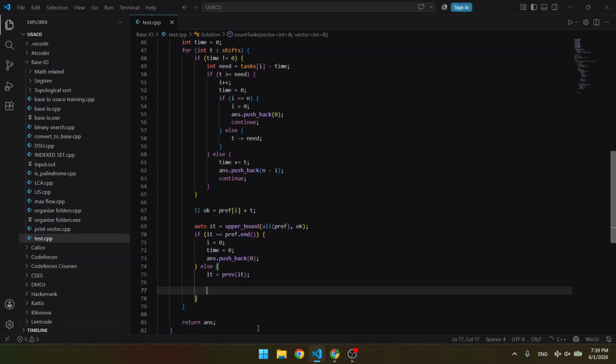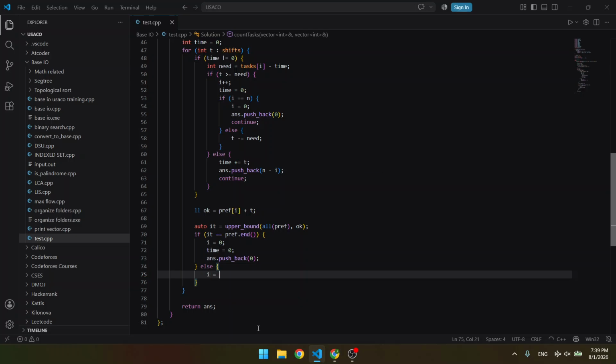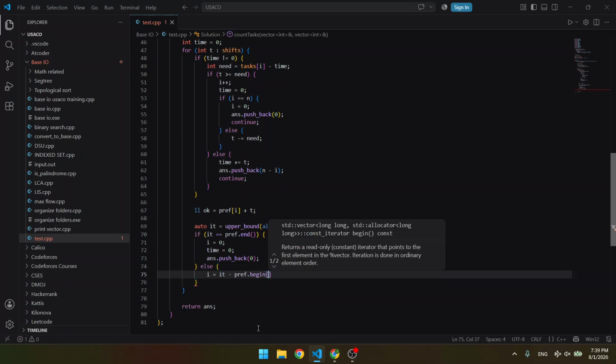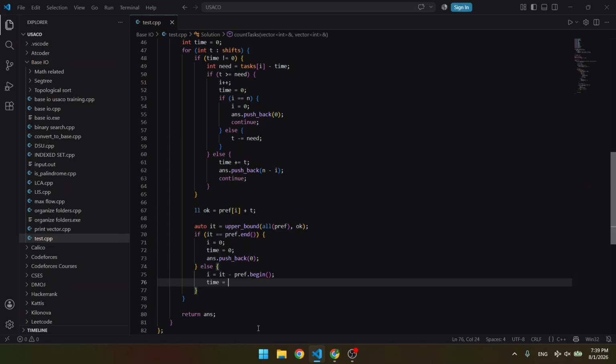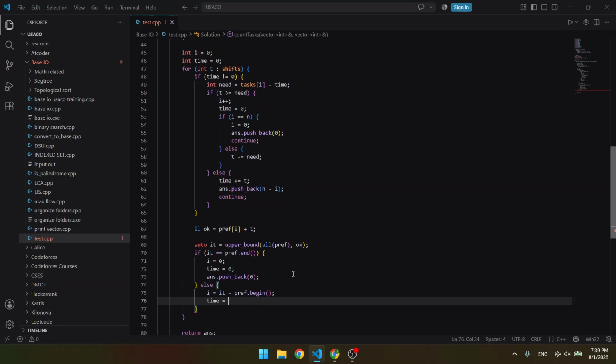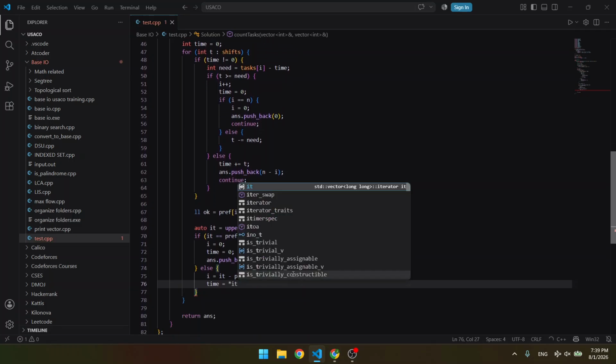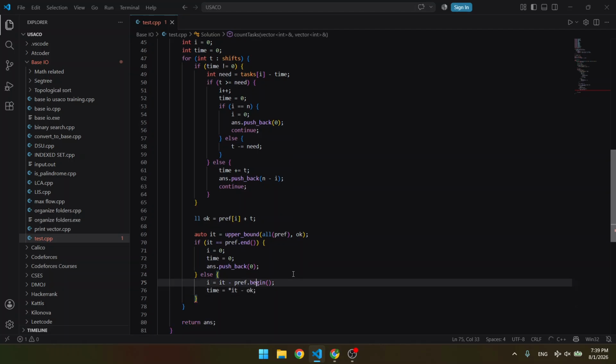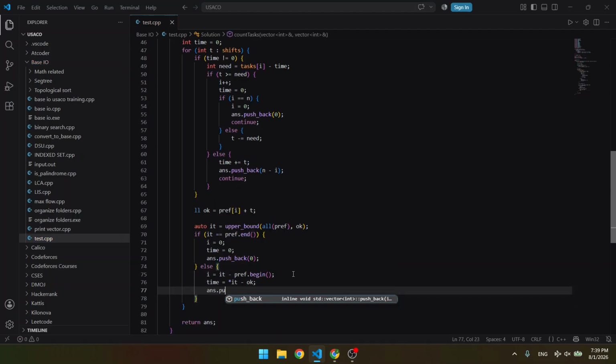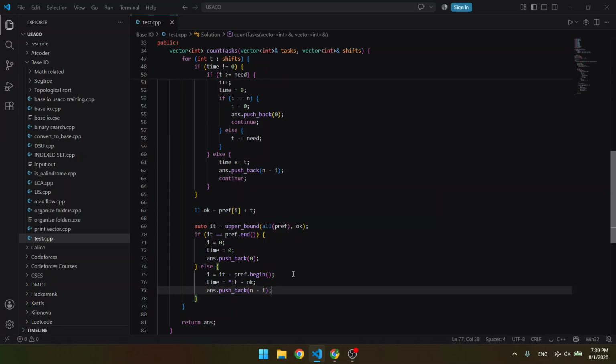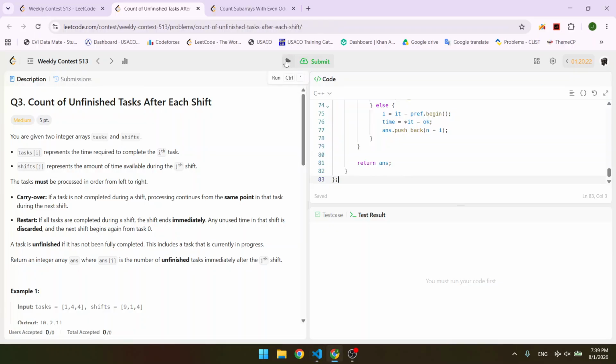That's how much we're at. That's how much we can do. So i will be equal to it minus pref dot begin, and time will be equal to this minus okay. Then push back n minus i. Return answer.